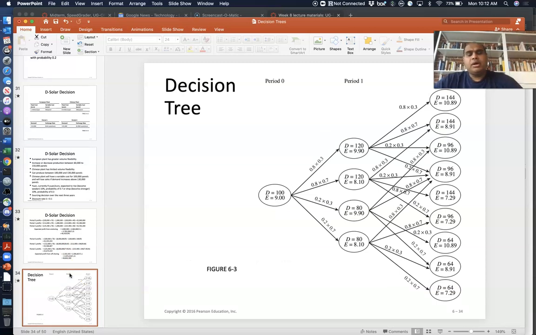As usual, remember that right now you're beginning with a demand of 100,000 and the exchange rate being 9 yuan per euro. So again, these are two sources of uncertainty, and both sources of uncertainty are binomial uncertainty. That is, you have only two options, in this case, increase and decrease.